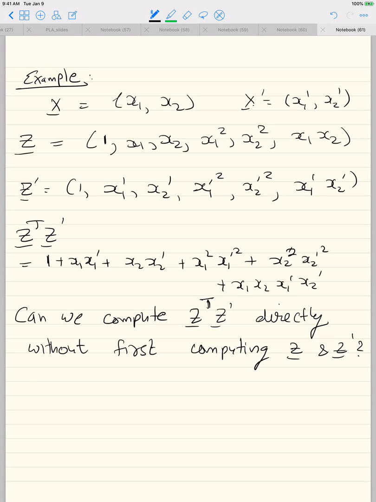And the answer is a yes, using a method called kernel trick.